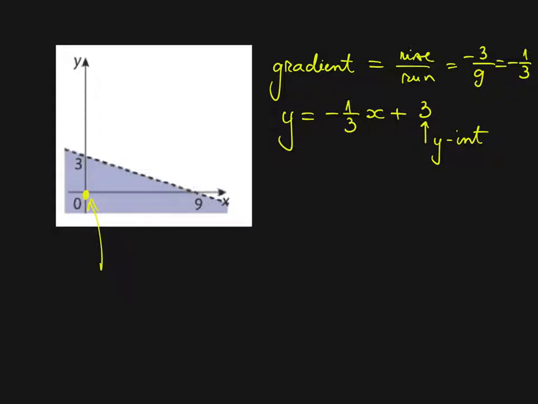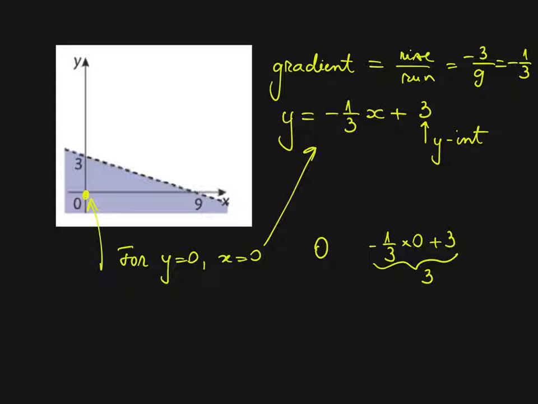So if I replace (0, 0) for this point, y equals 0, x equals 0. So if I replace them there, I get 0 is y, and on the other side is minus 1 over 3 times 0 plus 3. This right hand side is 3, so 0 is less than 3, meaning that for all the points here, y will be less than minus 1 over 3 x plus 3.